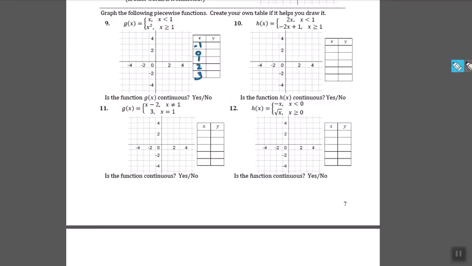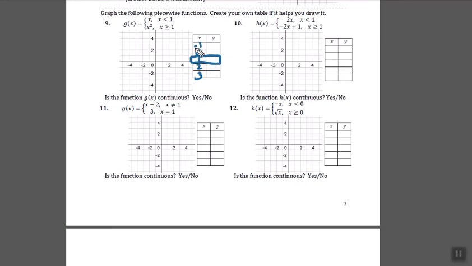Alright, so let's look at example number 9 here. We've got g of x defined as x when x is less than 1. And it's also a parabola when x is bigger than or equal to 1. So what could also help is if you make a t-chart. So I just picked a few values here. I put 1 here in the middle because 1 is where these two functions either separate or are connected together.